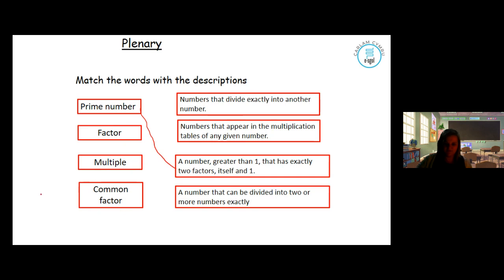The word factor matches to the numbers that divide exactly into a given number, so that matches to the top one. Multiples are numbers that appear in your times tables, so that matches to the second one, leaving the common factor matching across the bottom: a number that can be divided exactly into 2 or more numbers.